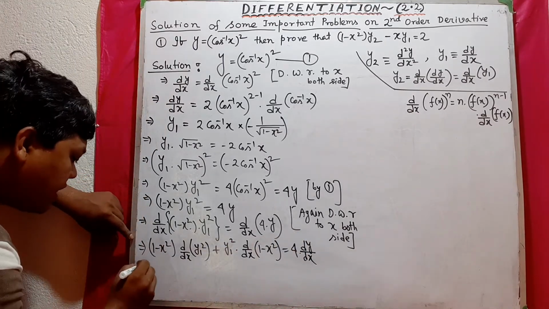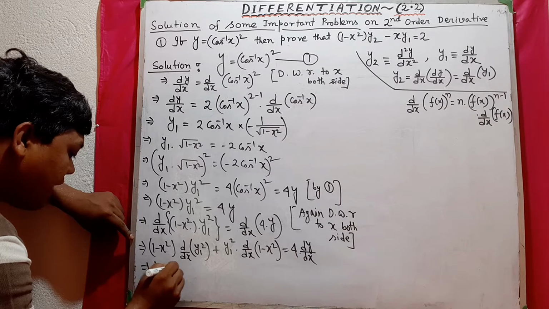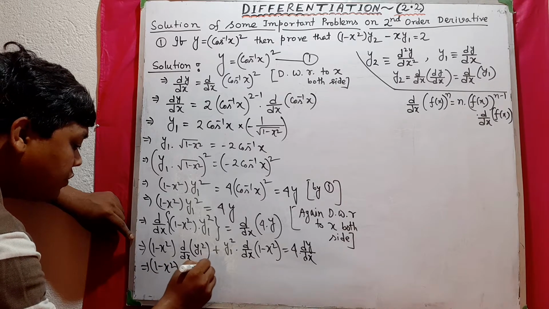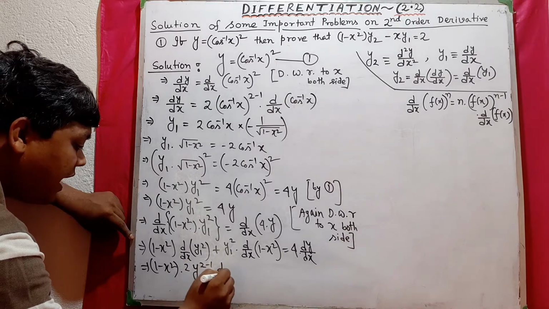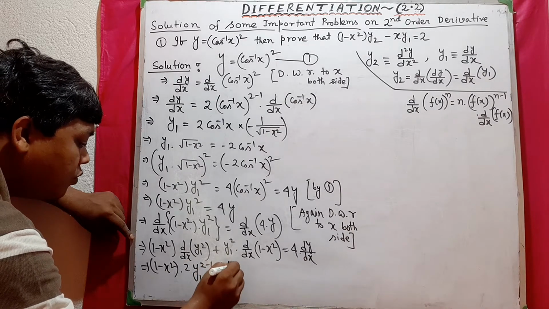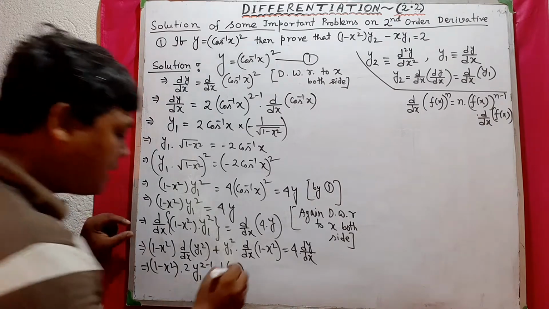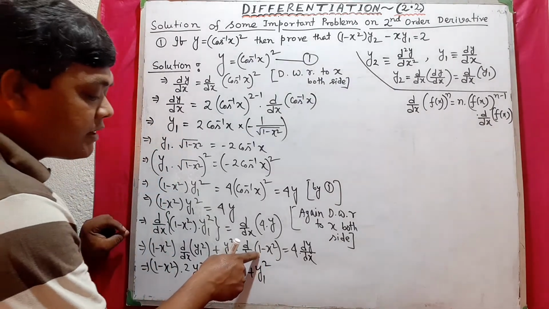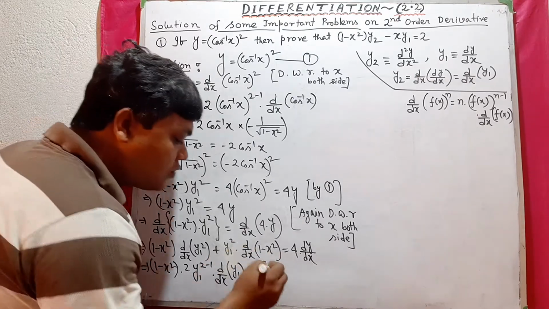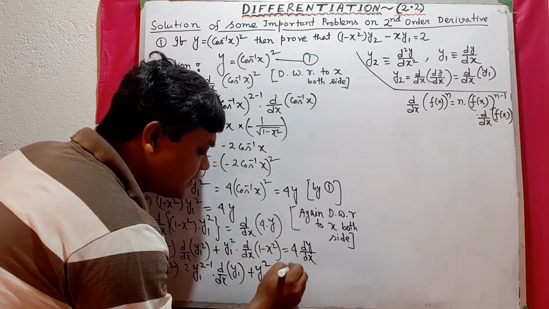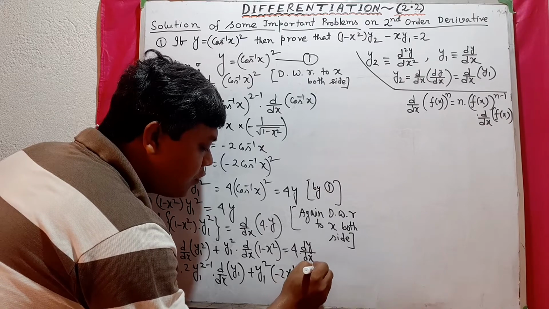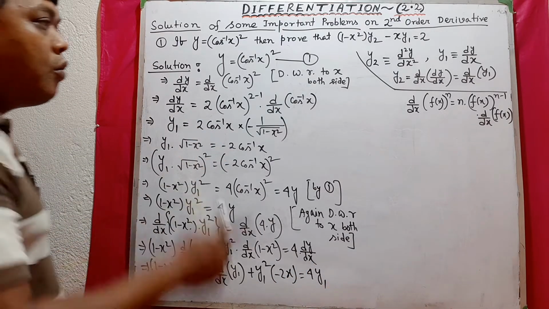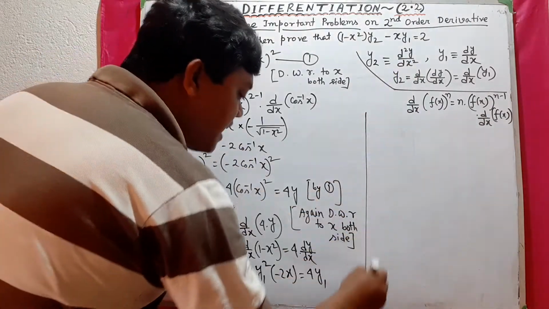So what is y1 square? So (1 minus x square), according to the same formula, 2 into y1 to the power 2 minus 1 d/dx of y1, plus y1 square and d/dx of (1 minus x square), that is the derivative of 1 is 0, so that gives minus 2x, equals 4 into y1, because we have already said dy dx equals to y1.